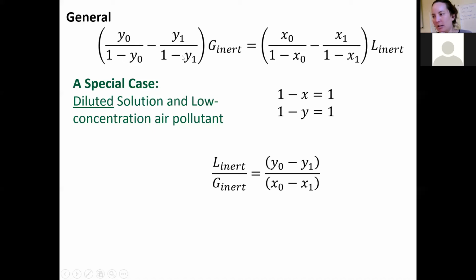And if we just ignore everything in the denominator and say it's close enough to 1, we're anyway just working with ppm, then we get that Y0 minus Y1 times G inert is equal to X0 minus X1 times the amount of inert liquid. So here this is rewritten. These ratios of the changes in the mole fraction are proportional to the amount of the inert of each substance, of the liquid and of the gas.